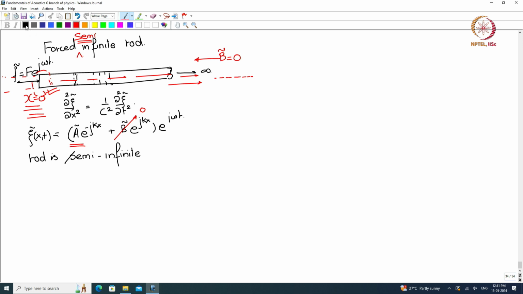So now there is only one unknown, which is A tilde, and therefore we need one boundary condition. Okay. So, we will look at this boundary condition in the next class and find a solution to this problem. Thank you.